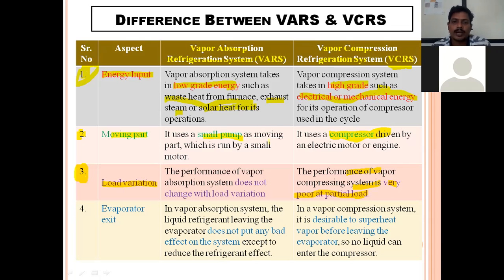But in case of vapor absorption refrigeration system, how much mass of refrigerant we circulate through the system is totally dependent on us. How is that?